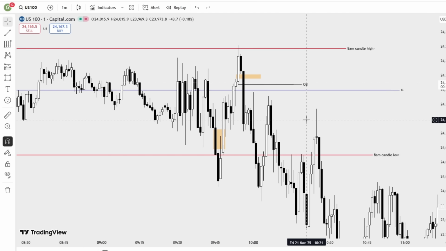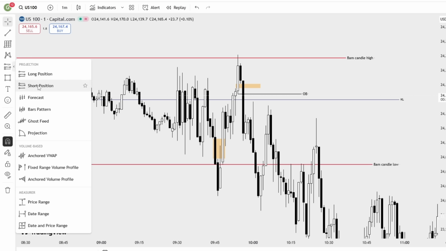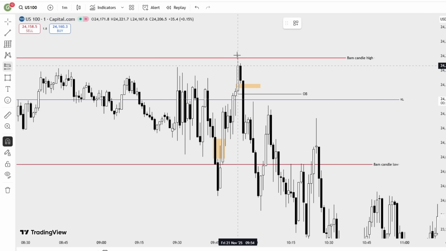Okay, so what can you do? I have a little trick for you guys. In this inverse fair value gap, since you already checked all the parameters in the past, like key level, 8 a.m. candle range, turtle soup, and you have the draw on liquidity down there, you can expect price to push lower.